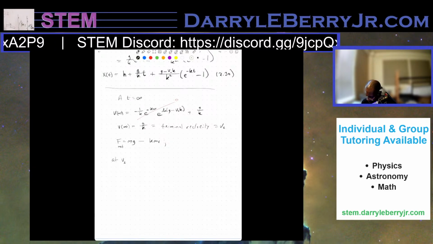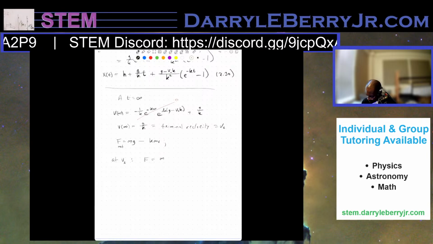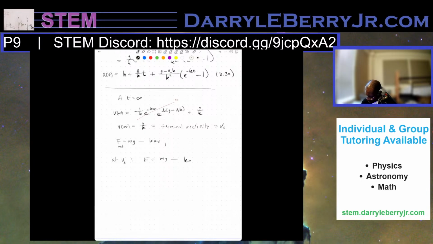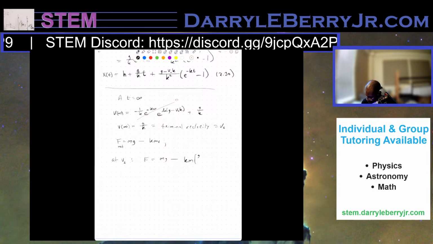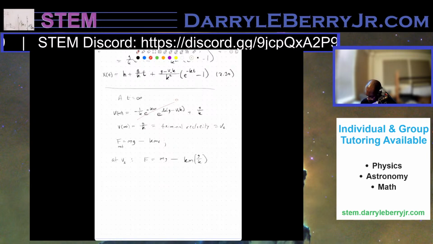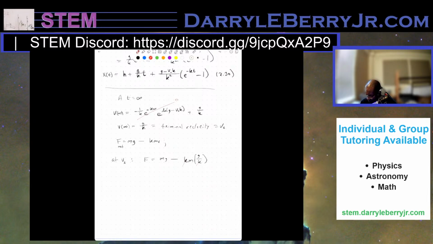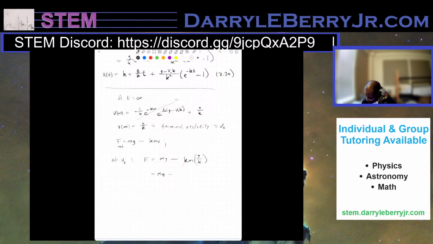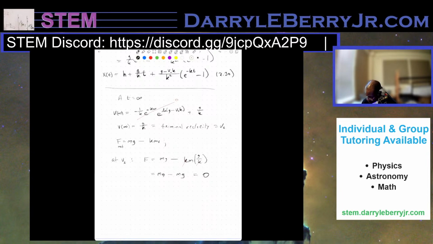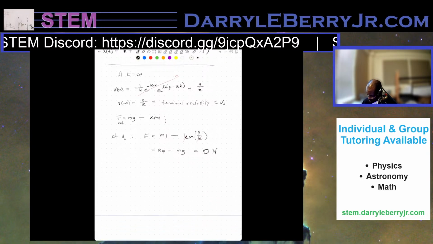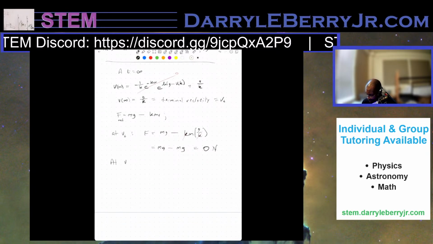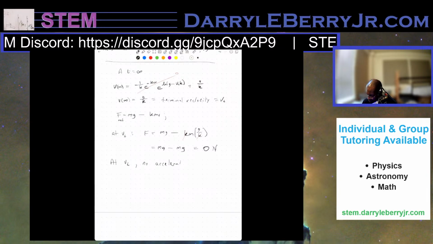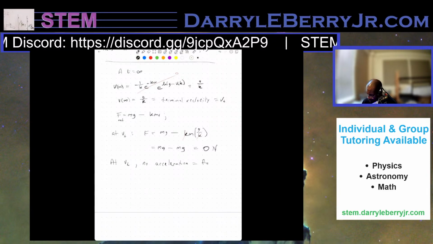At vt, f equals mg minus km g over k, equals mg minus mg, which equals 0 newtons. So at vt, no acceleration, equals free fall.